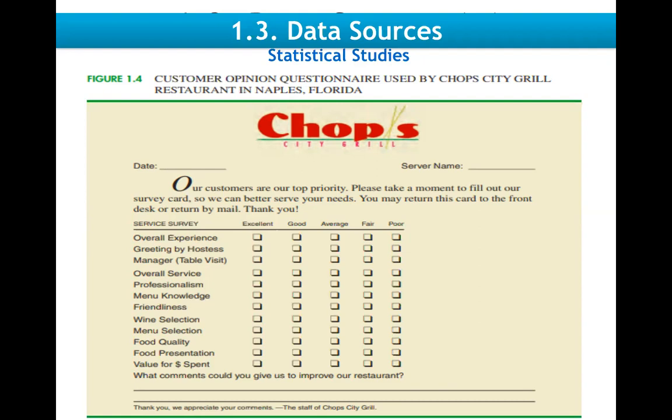Non-experimental or observational statistical studies make no attempt to control the variables of interest. A survey is perhaps the most common type of observational study. For instance, in a personal interview survey, research questions are first identified, then a questionnaire is designed and administered to a sample of individuals.